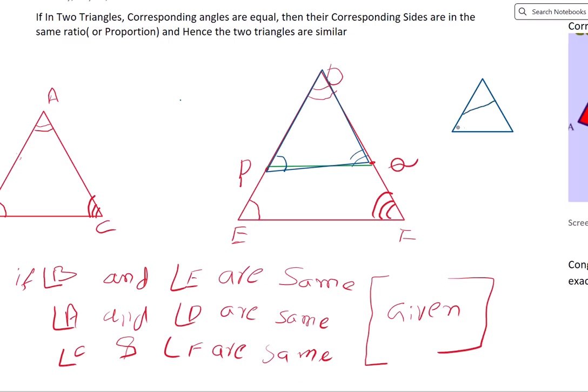Will this angle and this angle become the same? No. Only when these lines are parallel will this angle become the same. So for better understanding, we'll draw a parallel line and a non-parallel line.